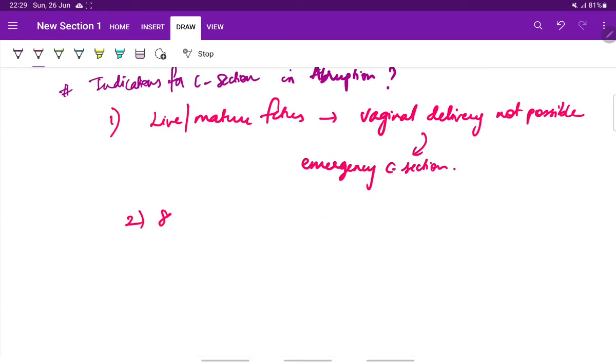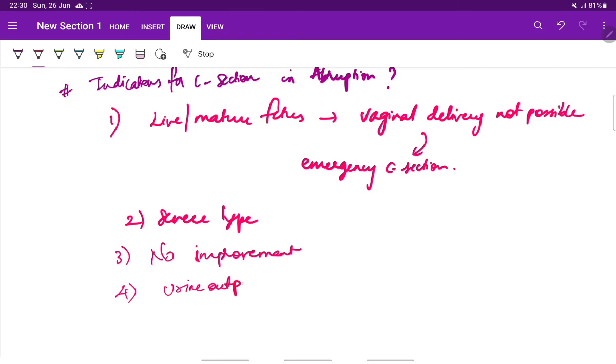Next, in severe types of abruptio placenta, when the patient does not show an improvement in spite of resuscitative measures. And the last indication is when the urine output is constantly decreasing.